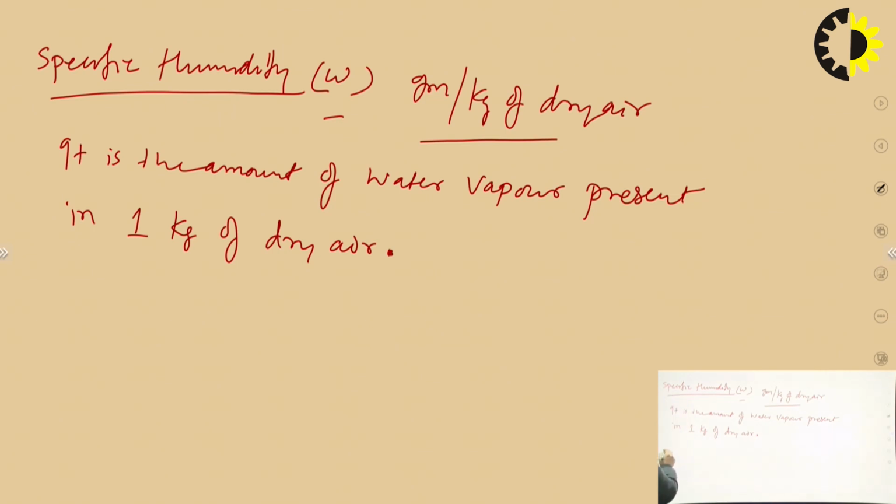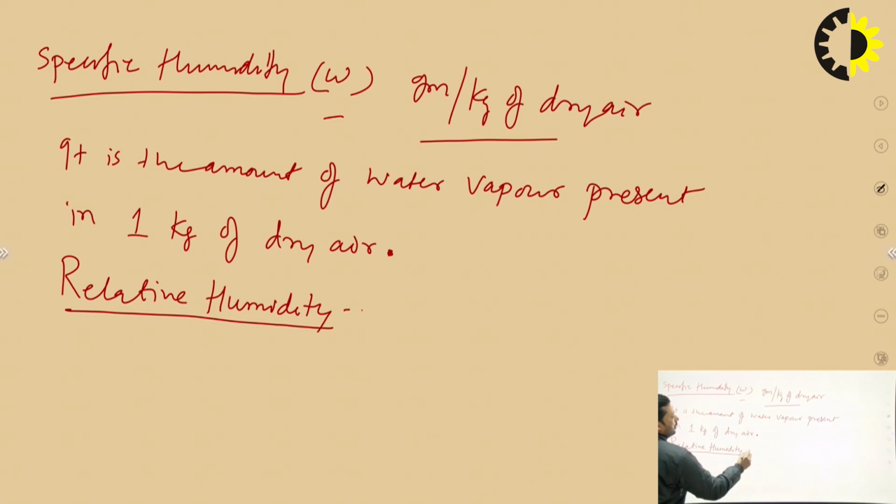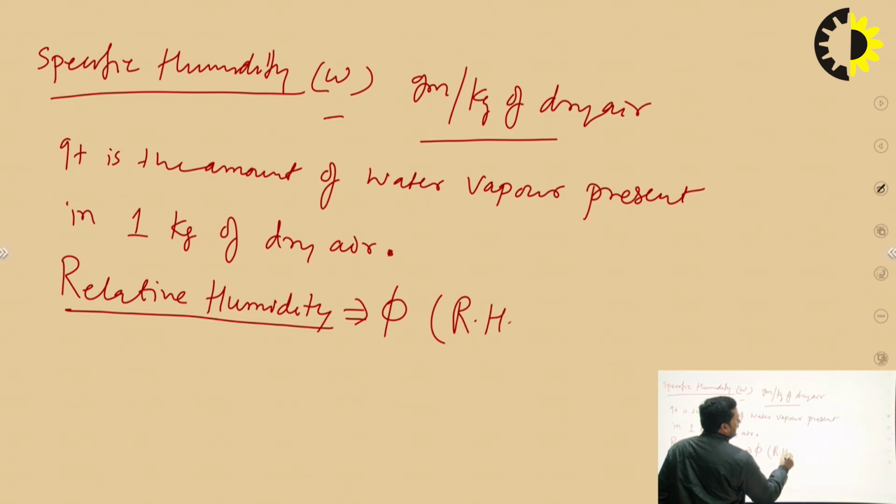Next psychrometric property is relative humidity, represented by phi, or sometimes simply written as RH.